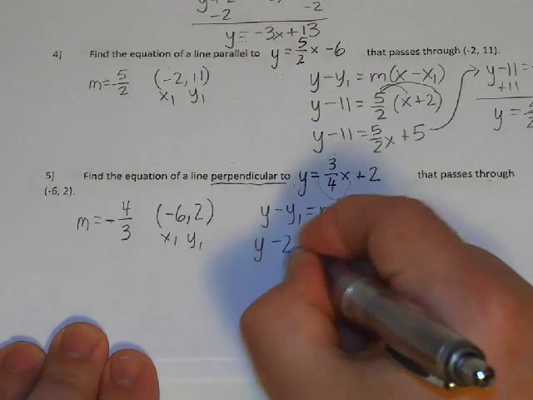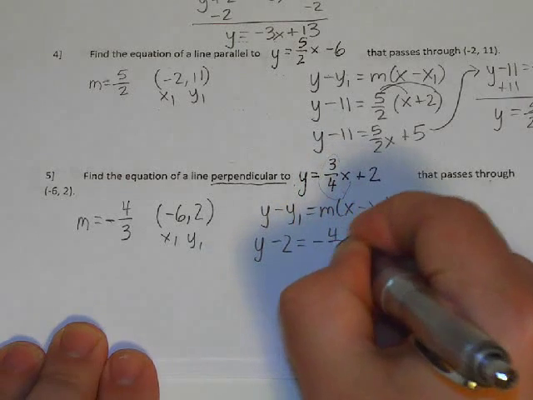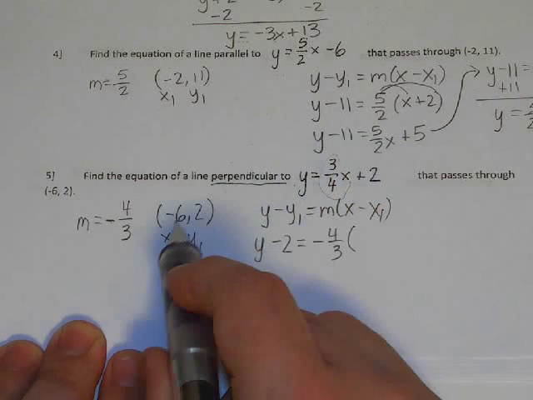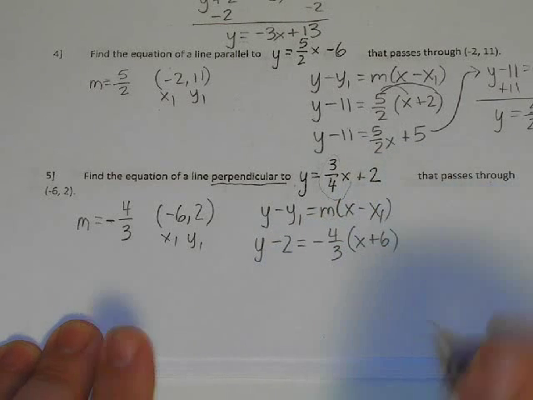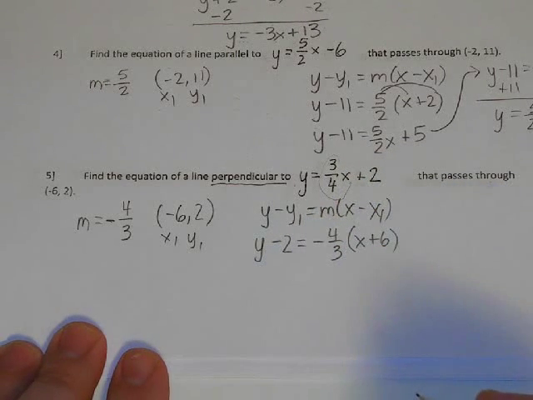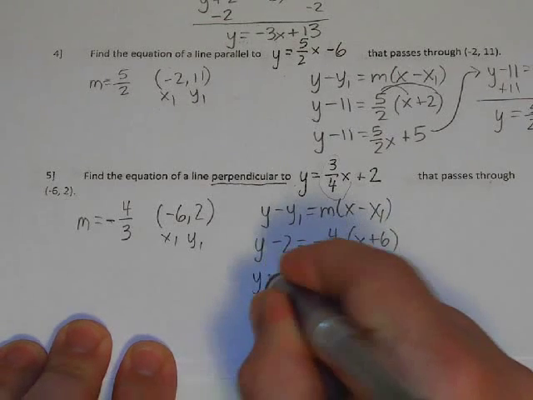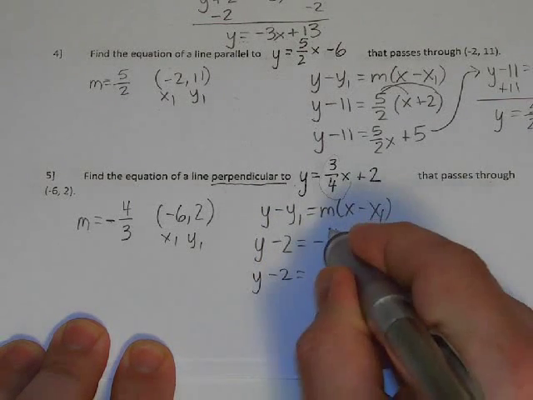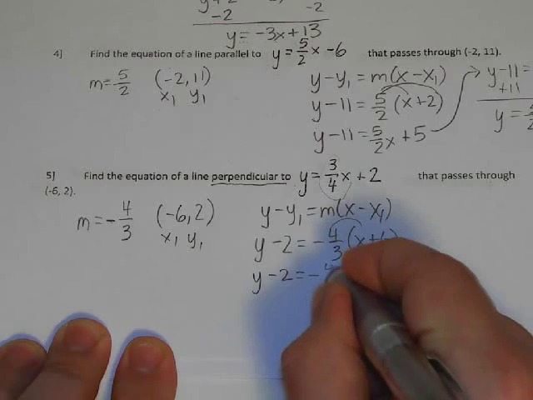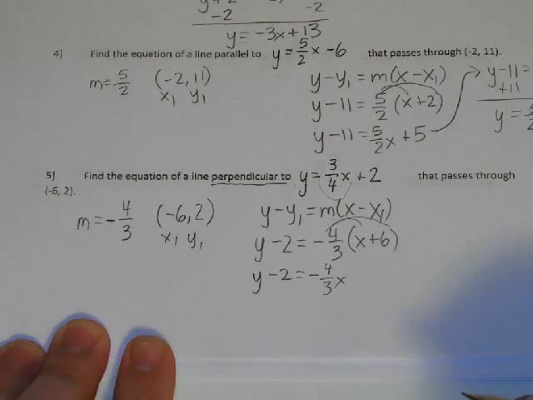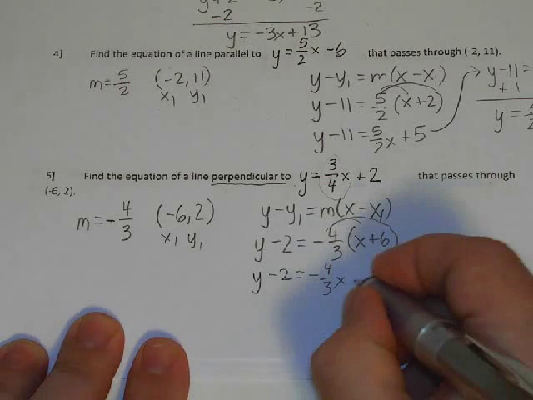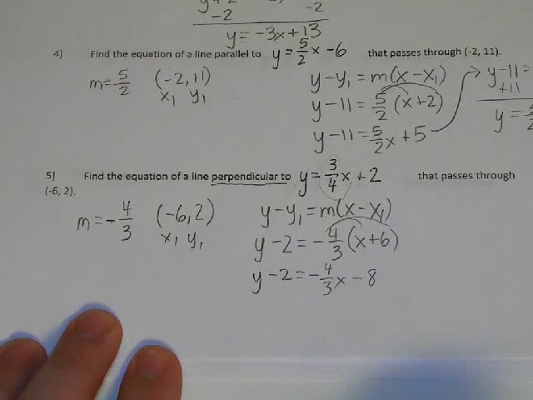So we get y minus 2 equals -4/3 times, well, we got that -6 there, so this is going to be x plus 6. -4/3 times x is -4/3 x. -4/3 times 6 is -8.